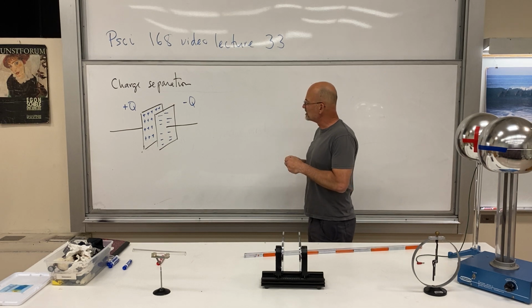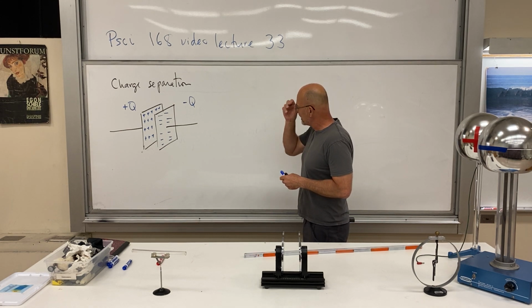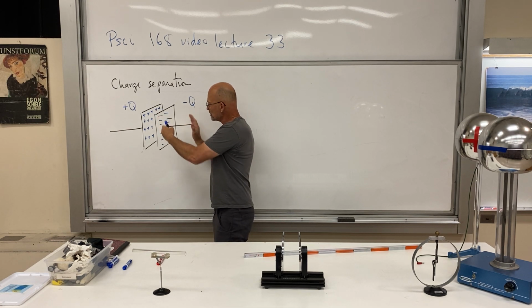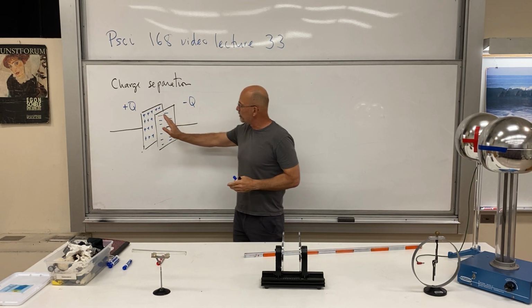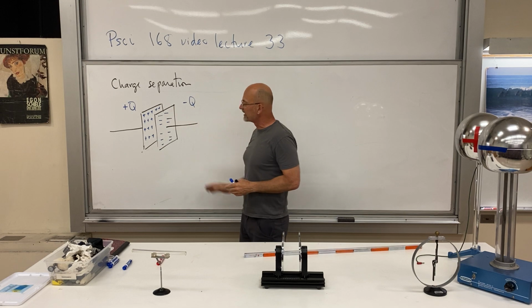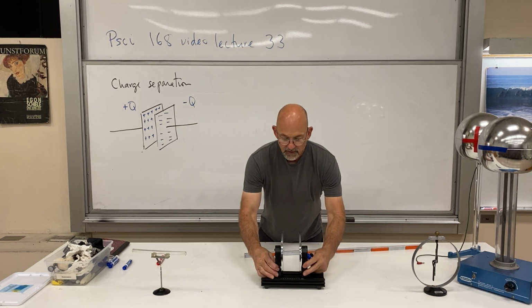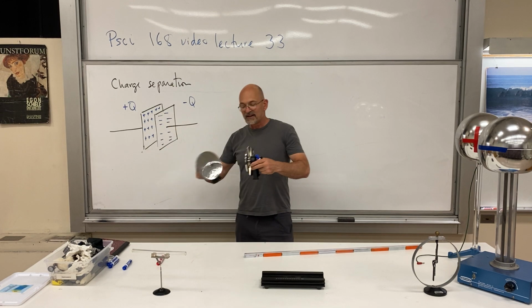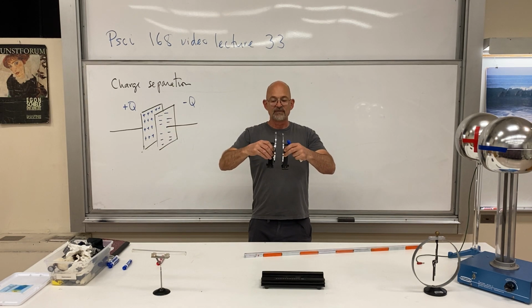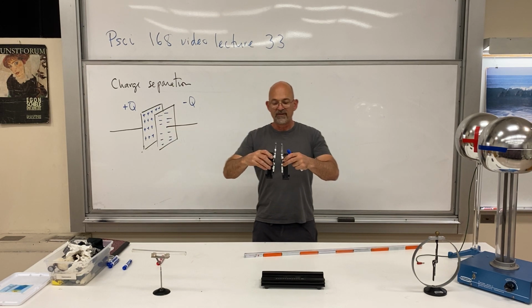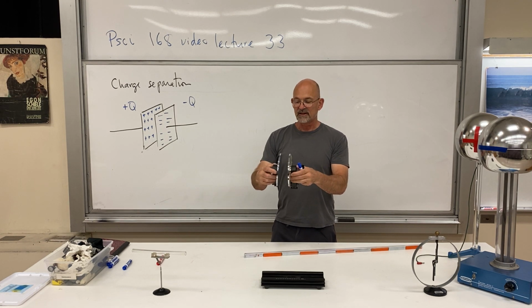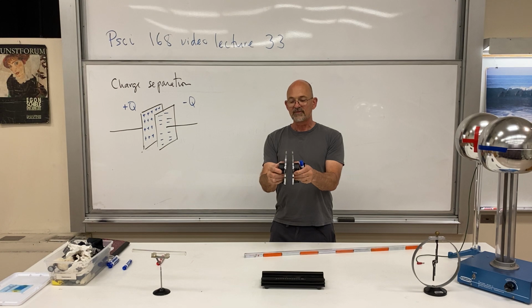Charge is separated. We just learned that these charges have an interaction. So if I have plus on one side and minus on the other, just as in these things, there's an attractive force. Okay, so I'm actually having to hold them apart. And in fact, we're about to talk about energy. It goes that quickly. So I have an attractive force here. What if I try to pull them apart?